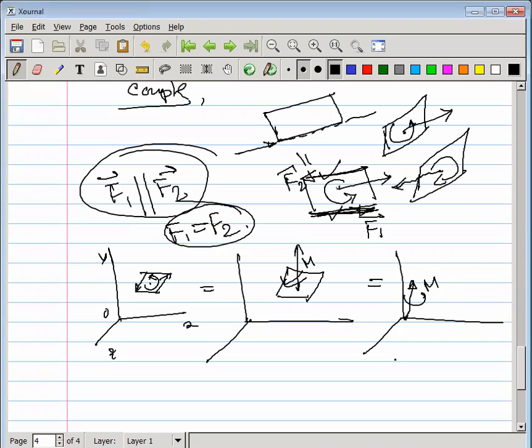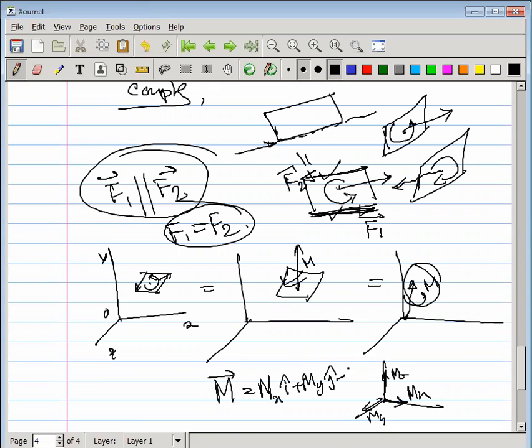And if we resolve that moment, suppose this is a resultant, then we can easily resolve that moment, just writing in terms of mx, my, and mz. If it is the resultant moment vector, it is nothing but mx of i plus my of j plus mz of k.